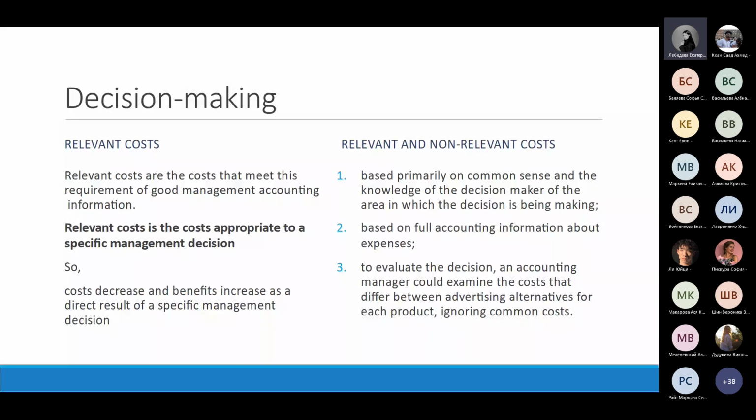For example, if we want to attract more customers, we may organize some advertisement campaigns. For example, we can order some advertisement from the blogs, and our relevant cost would be the payment to bloggers, payment to influencers, for example, or giving them our products in order to get more feedback, in order to get more promotions of those products.